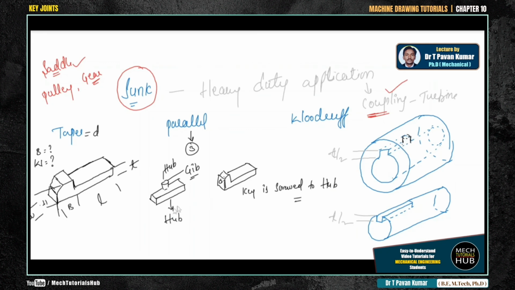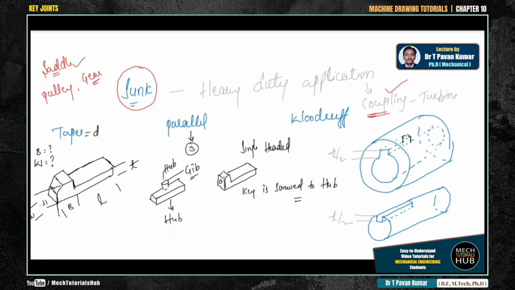So a key is placed first, then the shaft comes into the picture. Whereas in this case, which is a single-headed feather key, this particular single head will come outside the hub, and through this circular hole a screw is fixed between the hub and the key.